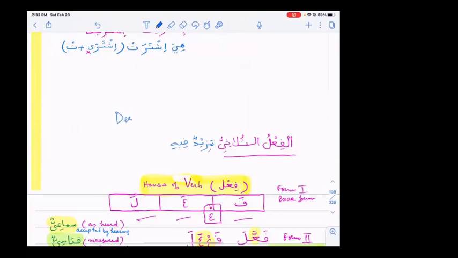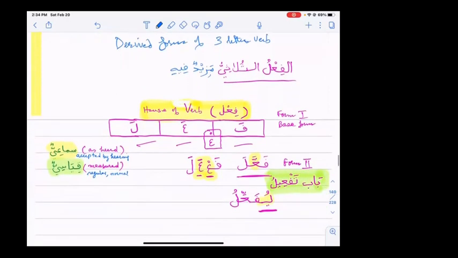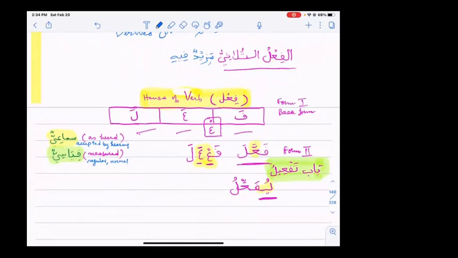Derived form of 3-letter verb. So when you add something to it, you get another shade of meaning. But the root remains there. And then the shade can change the meaning. I'll give you examples. So that comes to the Qiyasiyun.